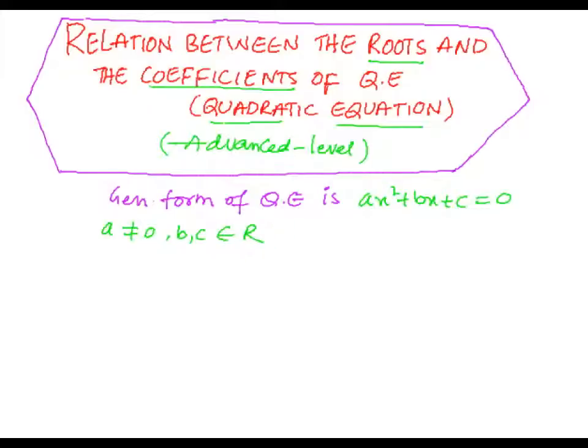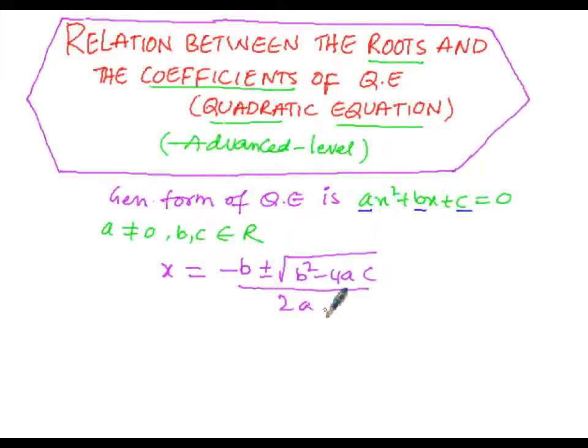In it, a is the coefficient of x square, b is the coefficient of x, and c is the real constant. Since the variable is x, in order to find the x value by means of the formula, we get minus b plus or minus root of b square minus 4ac overall divided by 2a.